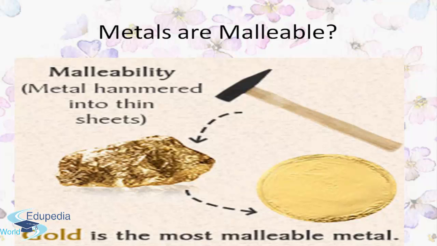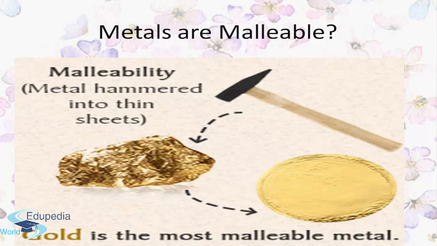The malleability in metals occurs because of the metallic bond that keeps the atoms in place. Metallic bonds are characterized by a sea of electrons that easily move from one atom to another, allowing the metal atoms to slide past each other if a force is applied.